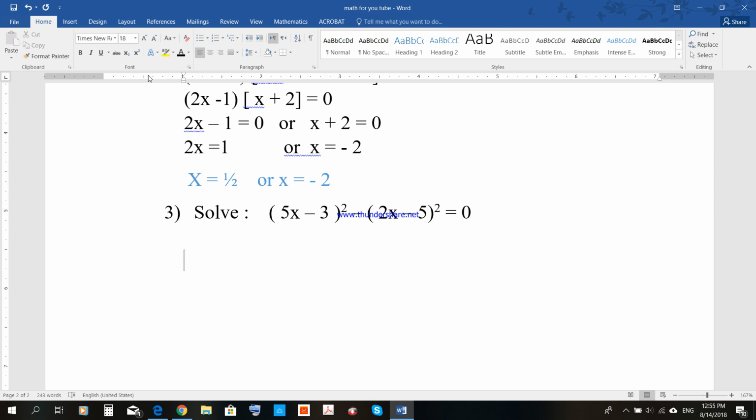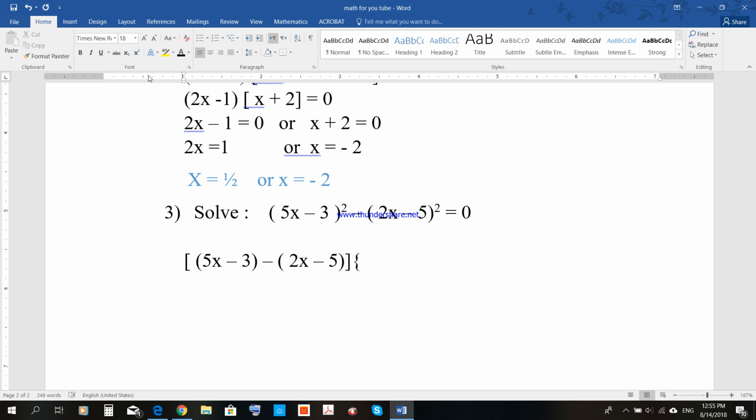So we open two brackets. The first one we put 5x minus 3, minus, in the second bracket, 2x minus 5, and close the bracket.